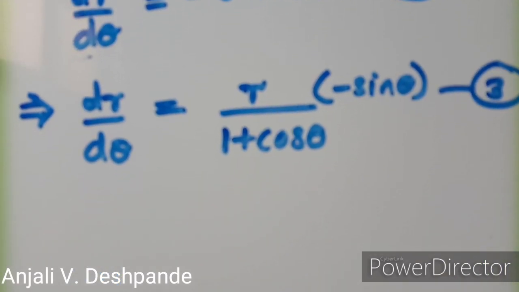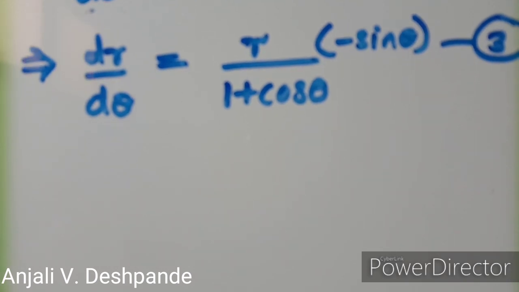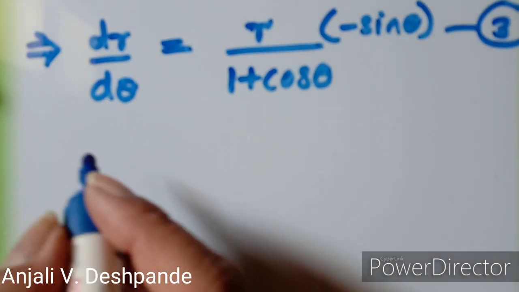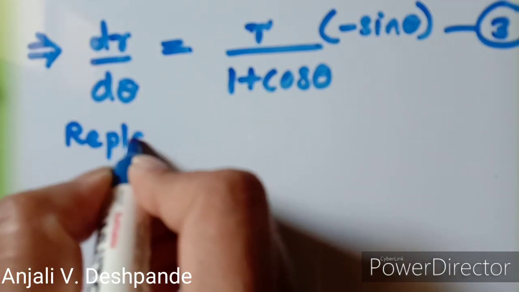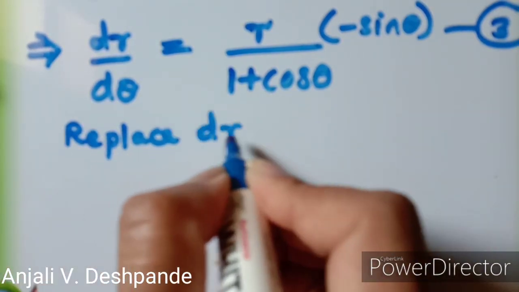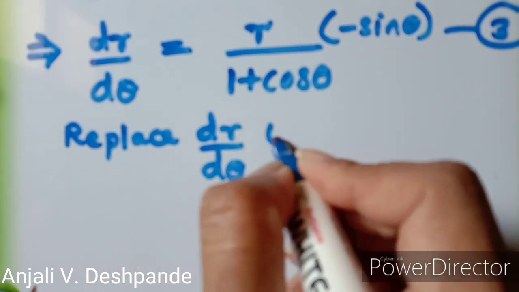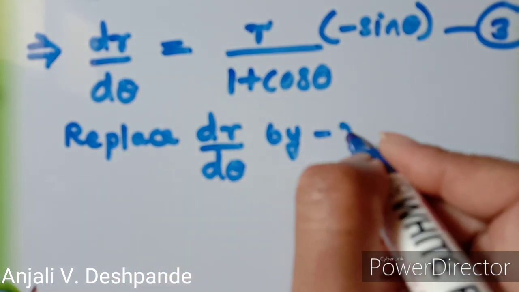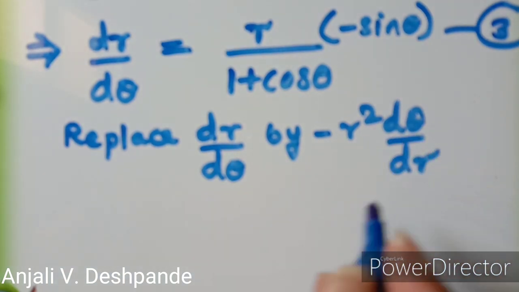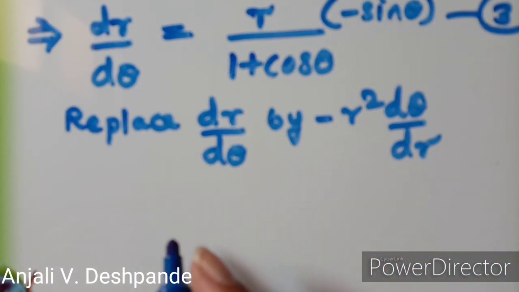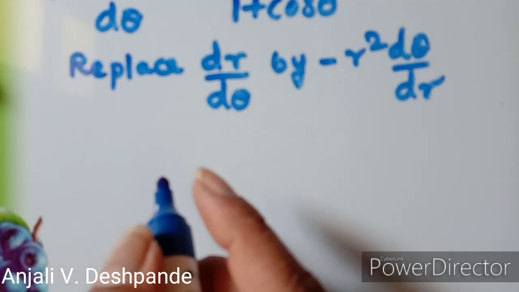So therefore we have now got the differential equation from equation number 1. Now, as per the theory which was discussed earlier, we are going to replace dr by d theta by minus r square d theta by dr. Why we are doing this replacement was discussed earlier, and again you are advised to go through that discussion.